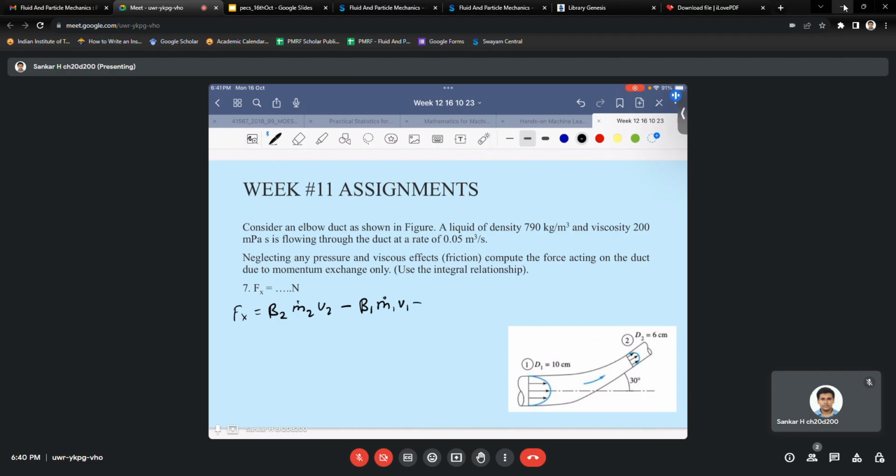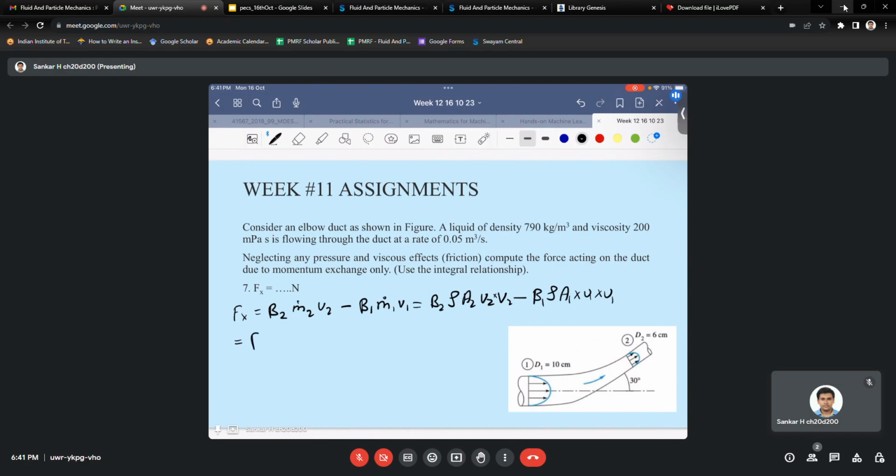Now, in order to write this in terms we have found out, we'll write this as density times area times velocity, minus, here as well, density times area times velocity.